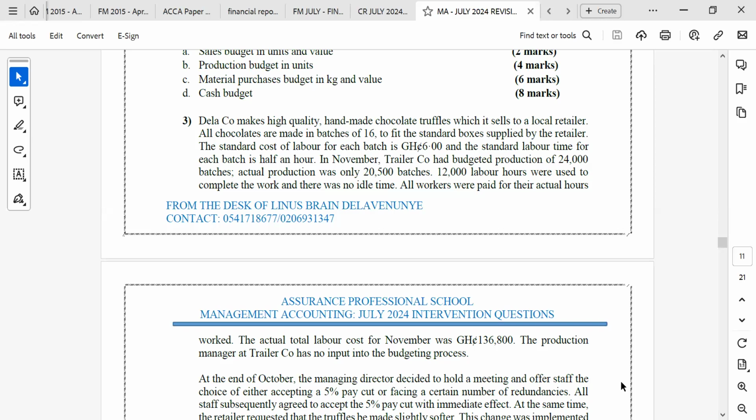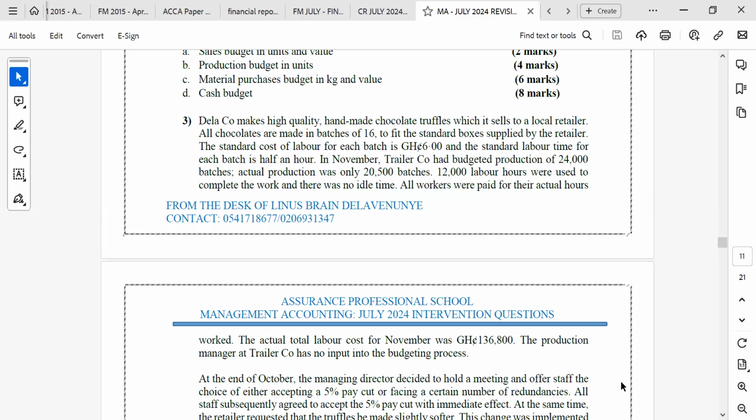What is the actual production? 20,500. So how many hours are we using? We use 0.5 hours.